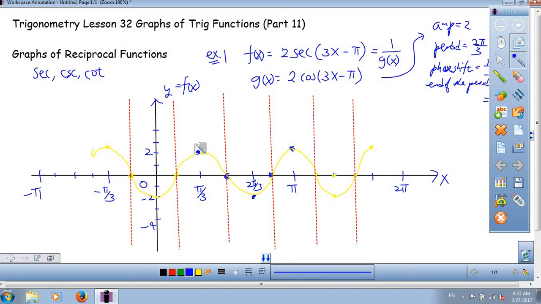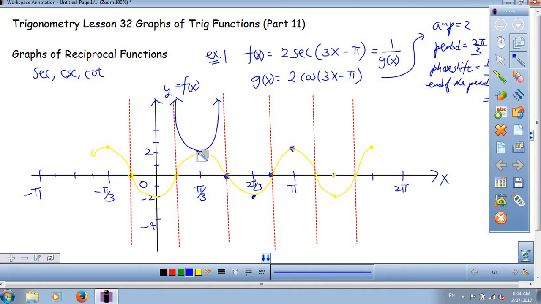Now I can see, okay, at pi over 3, I am going to have a U-shape, kind of like a parabola, but not exactly. It's a U-shaped graph that looks like this. It will approach infinity as the curve of the graph approaches this asymptote.